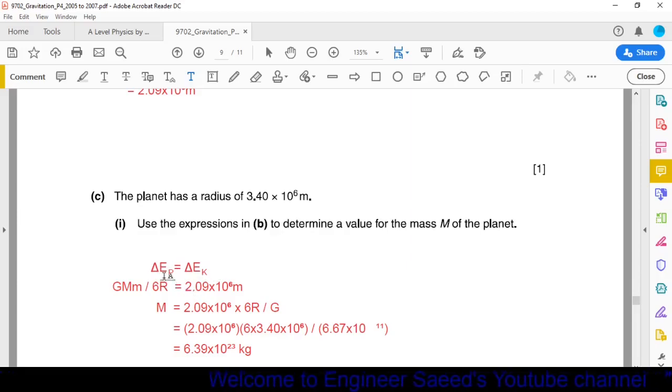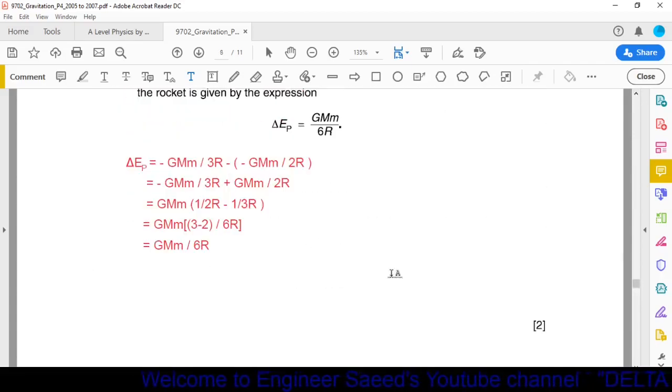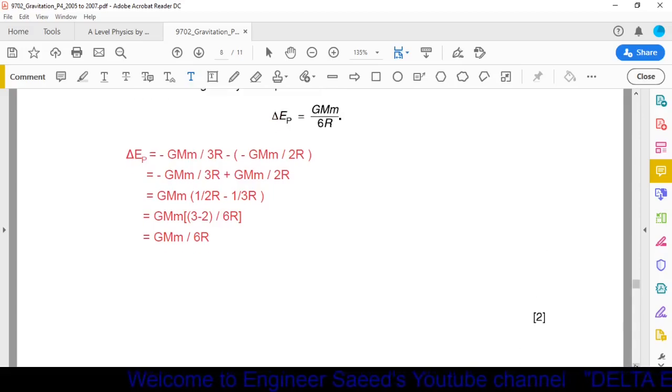For the change in potential energy we have derived this expression, G M m over 6R.